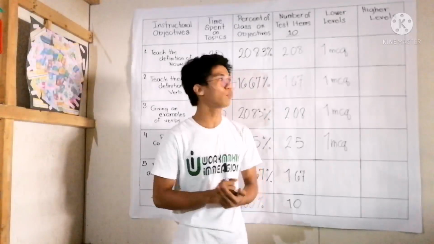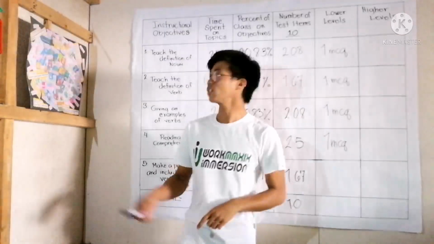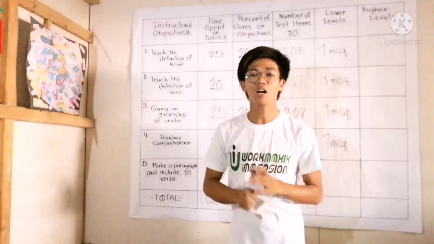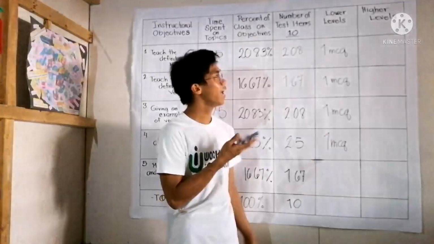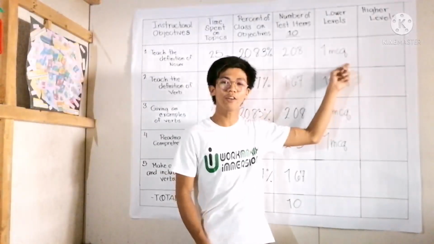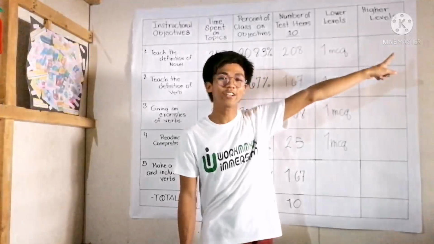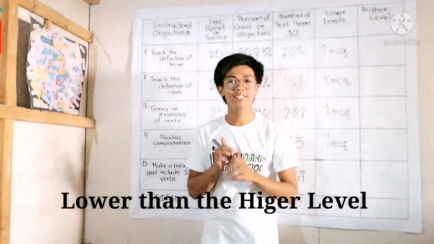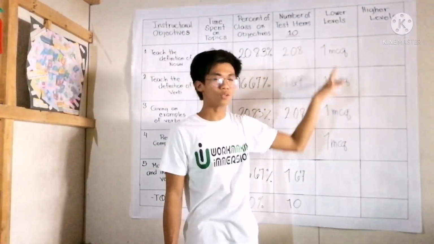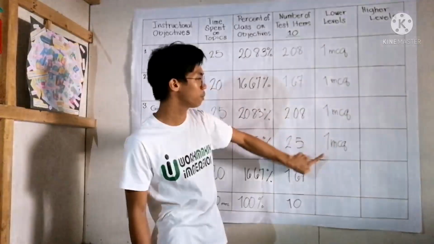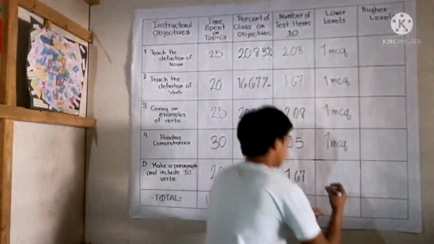So I decided to put one each in the four objectives. Since this is the lower level, the sum of the lower levels must be lower than the higher level, which is in the sixth column. So I will sum this all up. 1 plus 1 plus 1 plus 1 is 4.